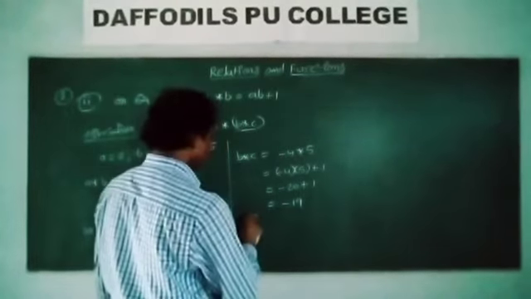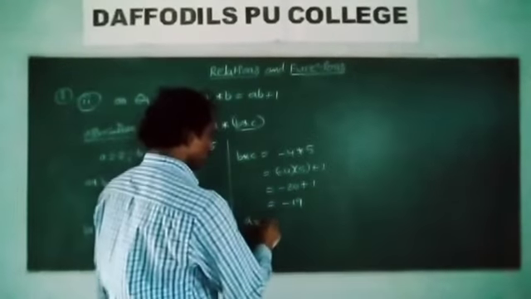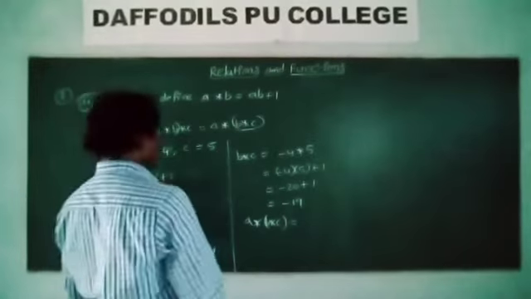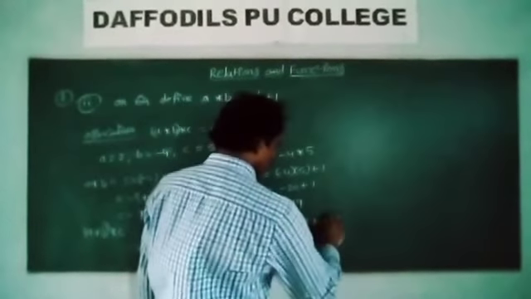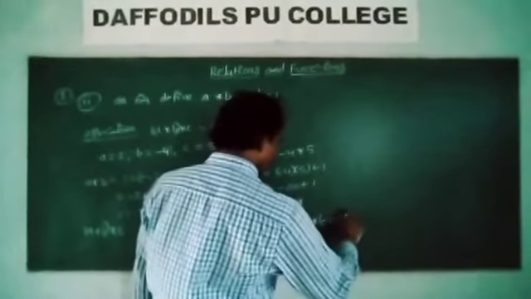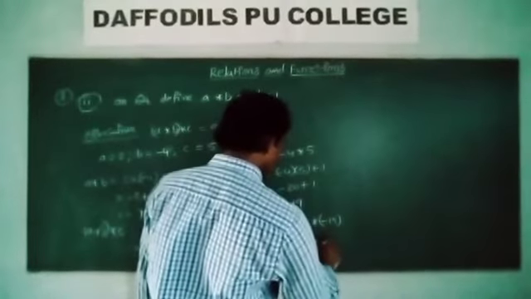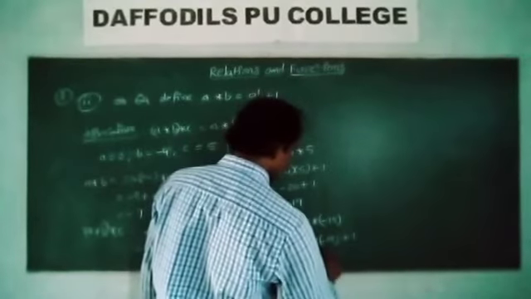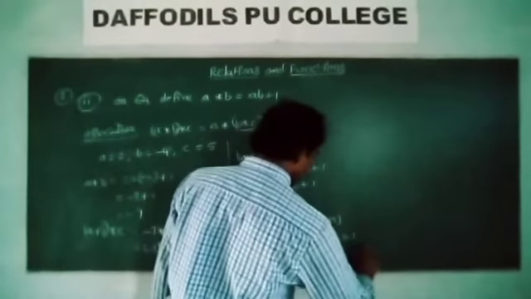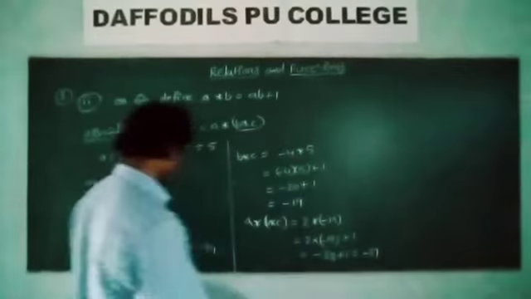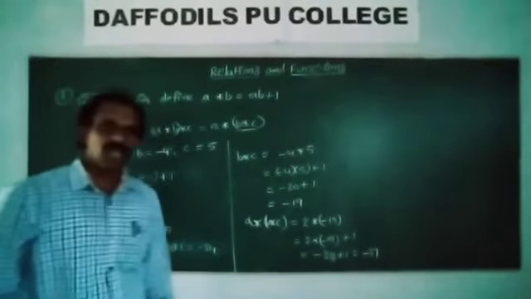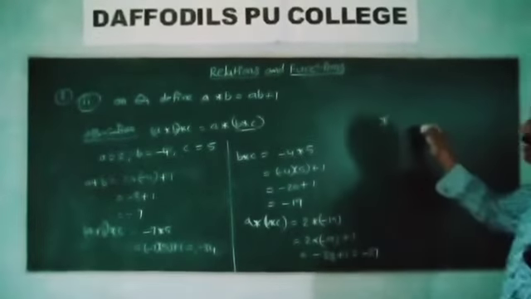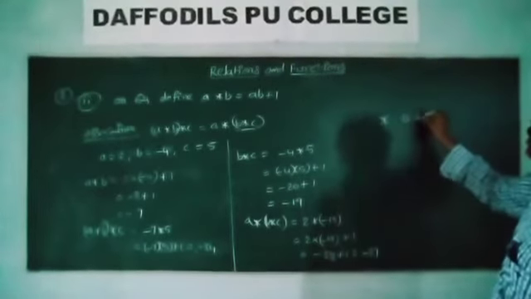Now A star of B star C. What is the A value? A value is equal to 2. 2 star -19 implies 2 into -19 plus 1, so -38 plus 1, -37. So both are not equal. Therefore, in this operation, star is not associative.